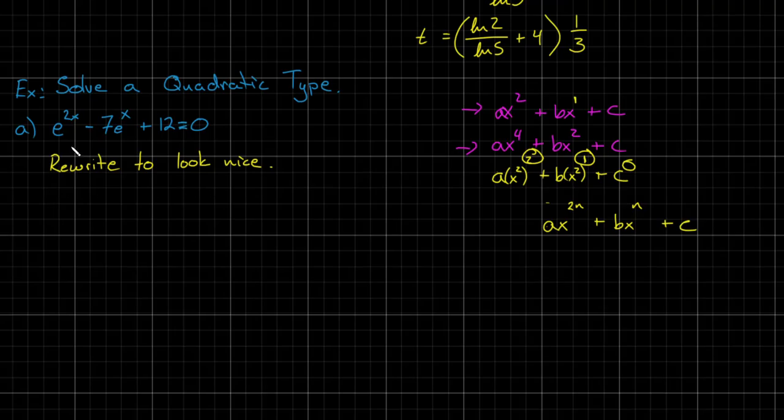Okay, e to the 2x. Well, is there some way that I could rewrite this so it looks like a quadratic? Something squared. If I do e to the x, it's squared, right? Okay, so that might not look nice yet, but it will in a second. Minus 7, and I'm just going to do the same. I could just do e to the x here, plus 12.